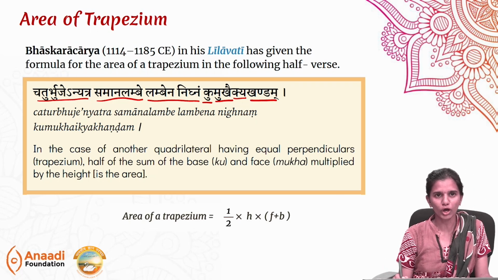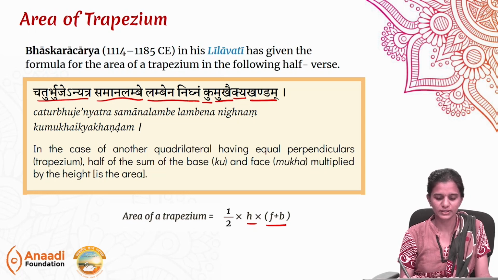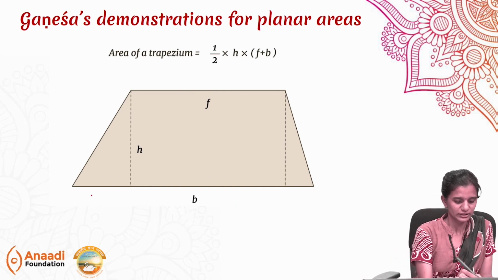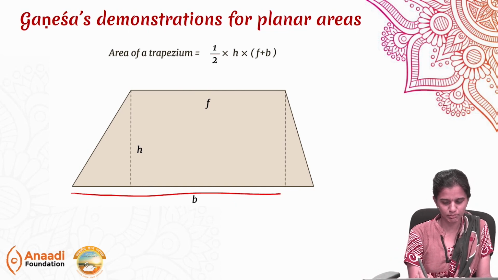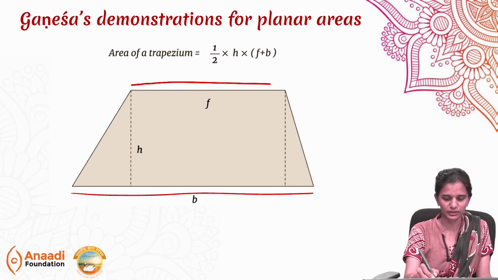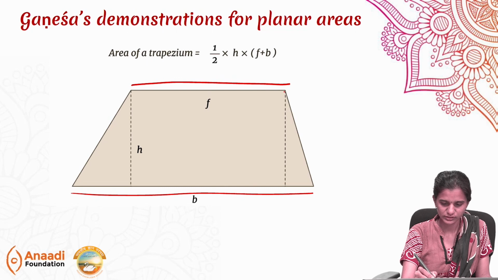So, the formula he gives is height into face plus base by 2. Now, let us take this trapezium where this is the base and this is the face and this is the height.